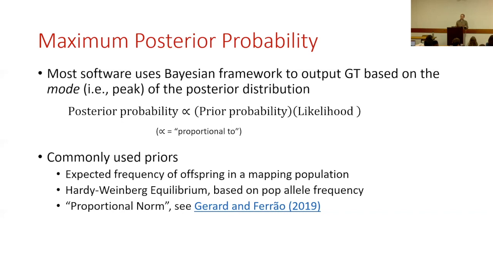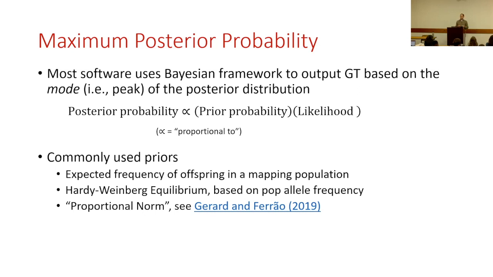But the thing I want to focus on here is exploiting information about your population. That means if you're using a mapping population, using a prior that represents, given the parent dosages, what you can know about the expected frequencies of each of those possible dosages in your population.